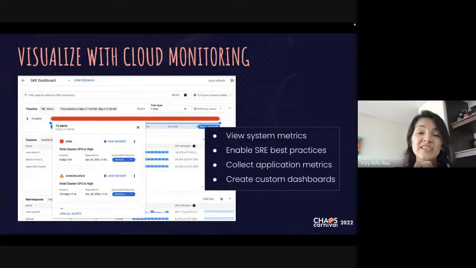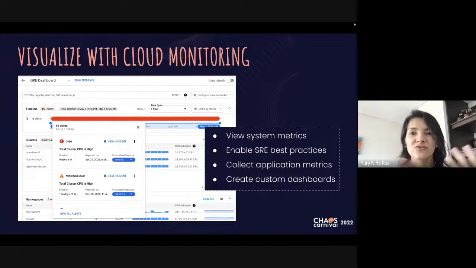So related to GKE, or related to Kubernetes, a component that is common in the current architectures for healthcare. In general, for any strategy that you use in cloud to deploy your solution, it's really important to have the possibility to view system metrics collected automatically from Google Cloud services or any cloud provider service.